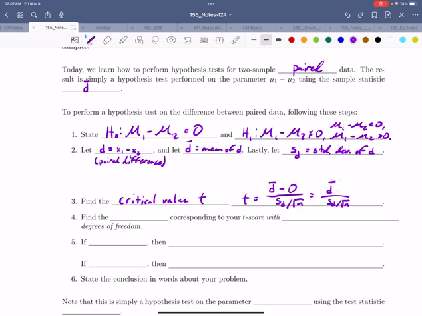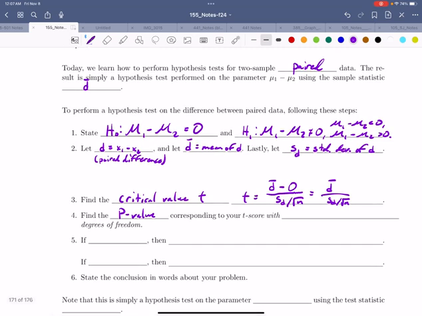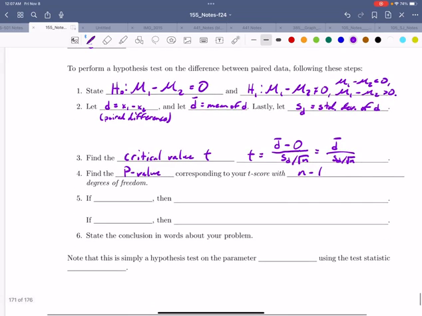So anyway, we want to find the p-value corresponding to our t-score, or critical value, with, and remember, it's just n minus 1 degrees of freedom, because there's only one number. Everything's paired.